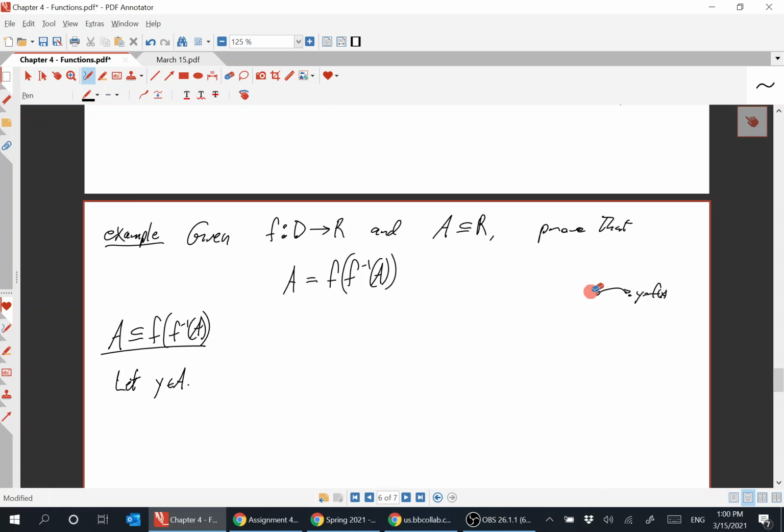Okay, so now we need to show it's an element of this set. Well, because y is in A, what must exist? Or what must be the case? So y is in the range.